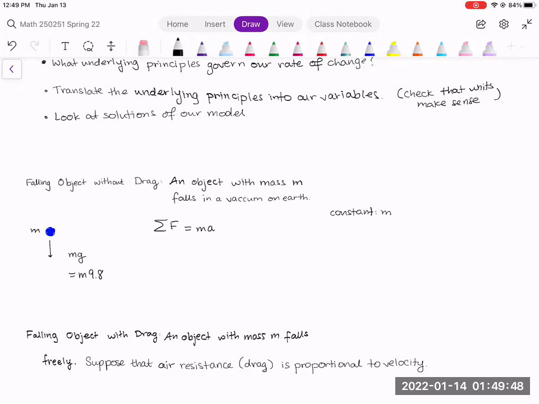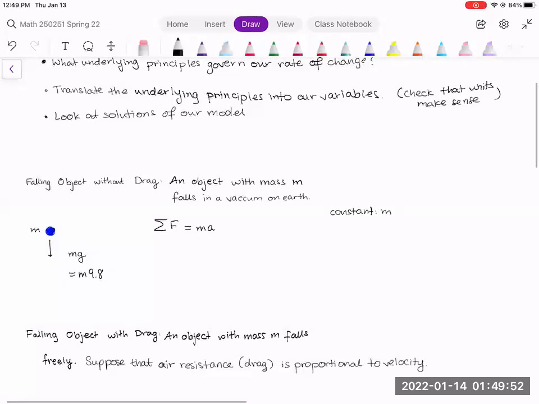Here, I'm going to set it up just in terms of the velocity. So our variables are going to be the velocity of the object, which is given in meters per second, and time, which is given in seconds.